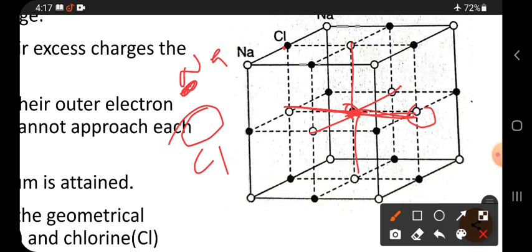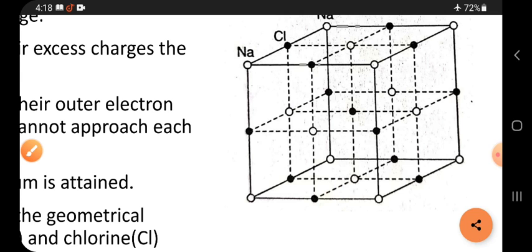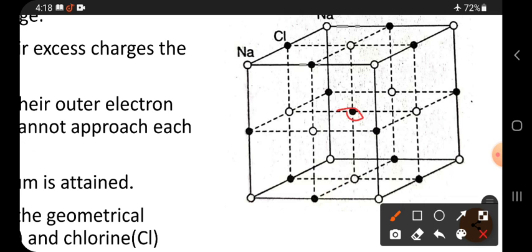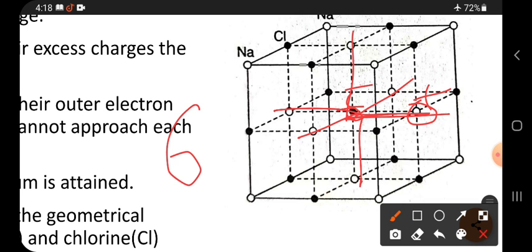There are 6 nearest neighbors with opposite charges. Why opposite? This is a chlorine, negative charge, and that is a sodium, positive charge, so it is negative, positive, negative, positive, like this 6.